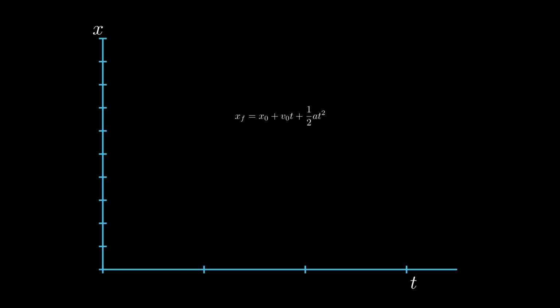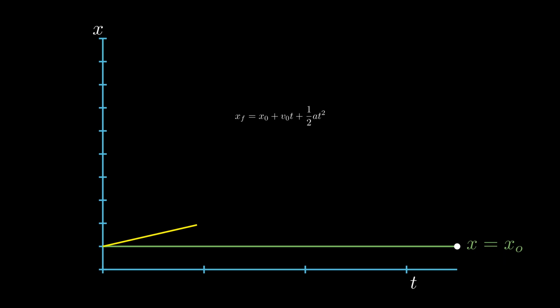When initial velocity and acceleration are both 0, our object stays at whatever its initial position is as time passes, graphed as a horizontal line. When initial velocity is non-zero, but acceleration is 0, the position of our object changes at a constant rate, whatever our initial velocity happens to be, which is the slope of our line.